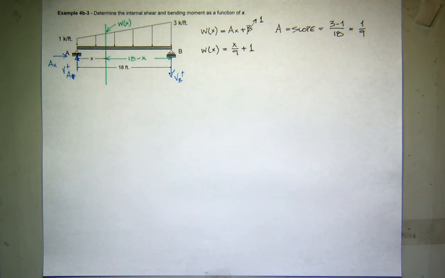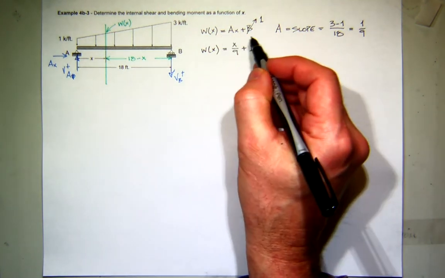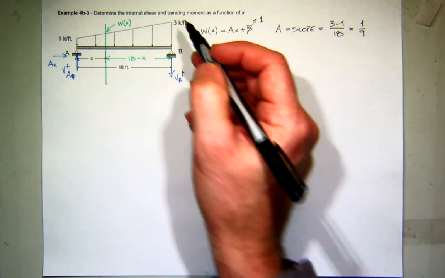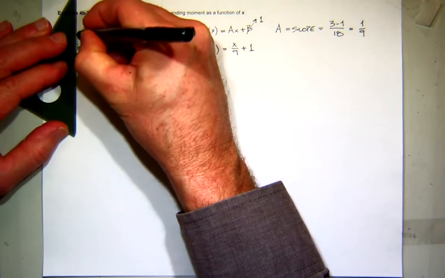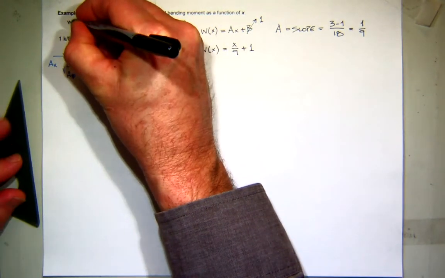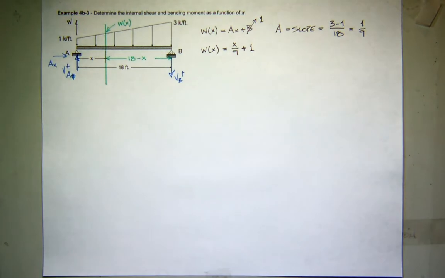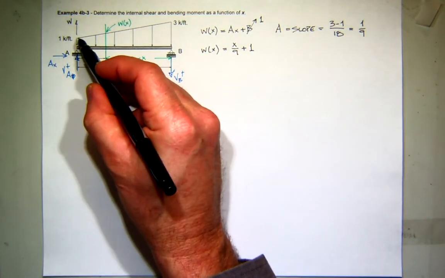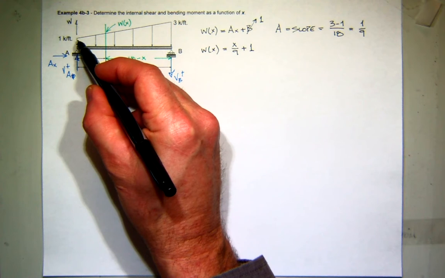Yeah? I don't get it. Why did we do the Ax plus B? That's just the general form of a straight line, right? So this is a straight line. So I'm writing W as a function of x. So initially when x is 0, I know my function starts at a value of 1.